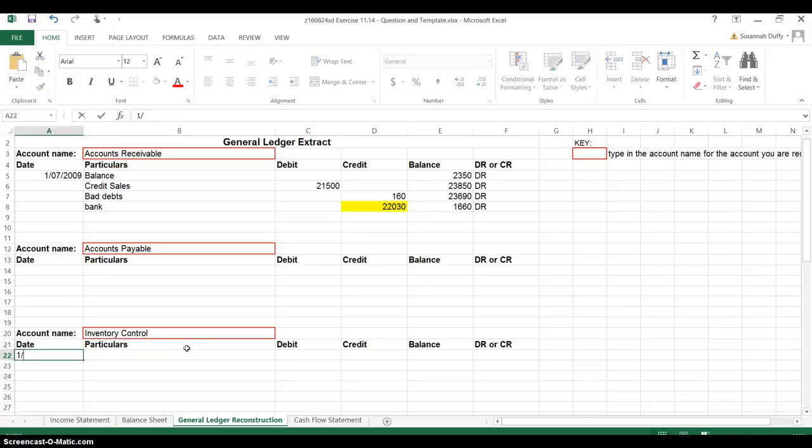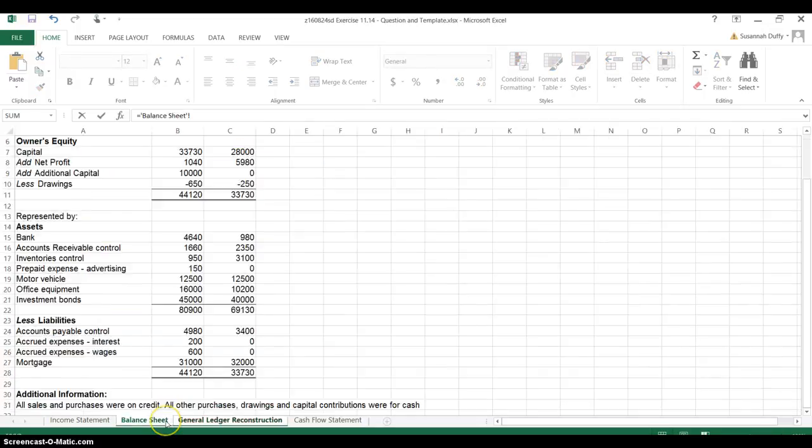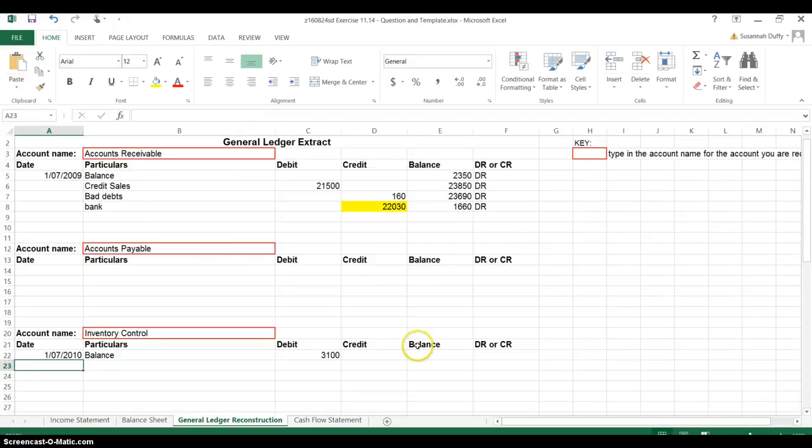So the first thing we know about inventory is the starting balance. So if we go to our balance sheet, we'll find that. In inventories control, closing balance from last year will be the opening balance for this year. So we can put that in.